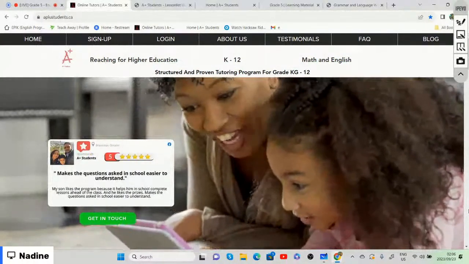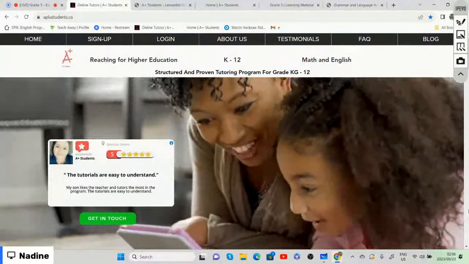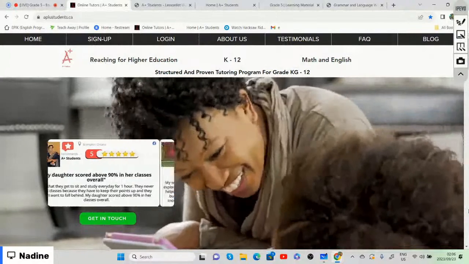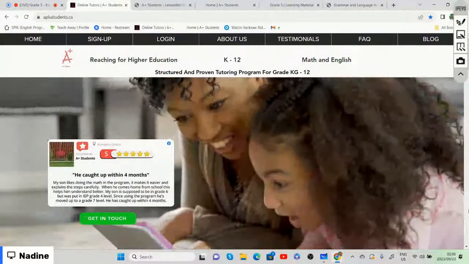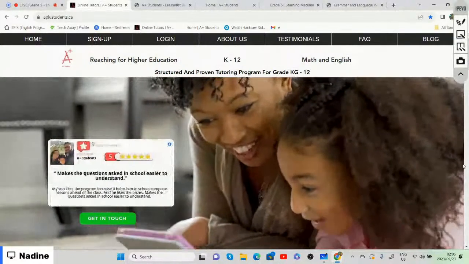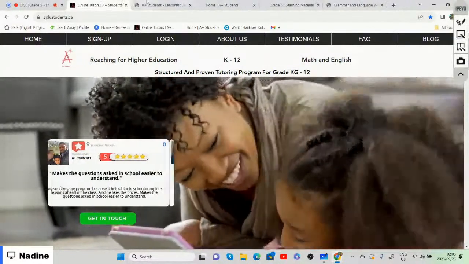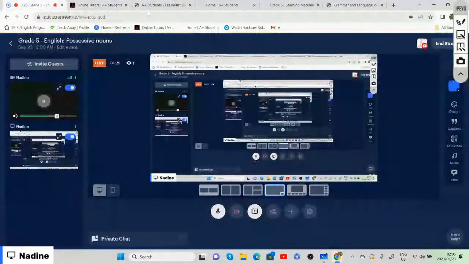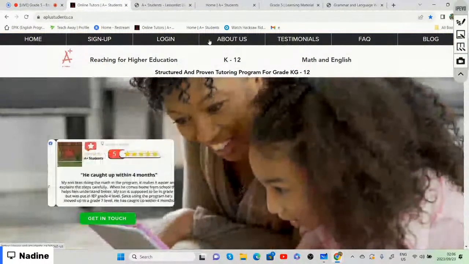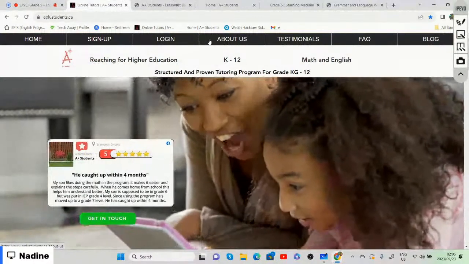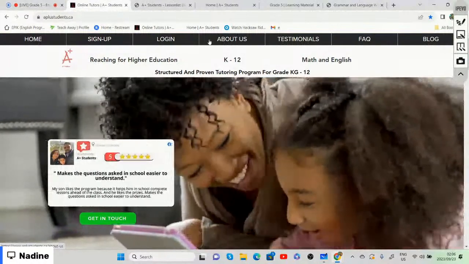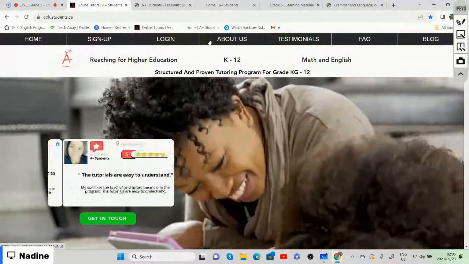Before we start with our lesson on possessive nouns, you're going to log into aplusstudents.ca. Once you've logged in with your username as well as your password, you're going to select the subject of language arts.